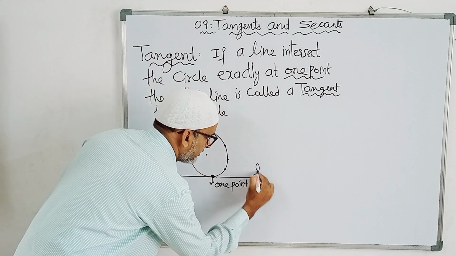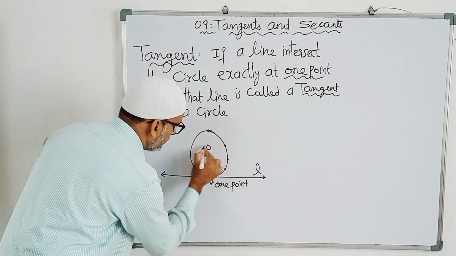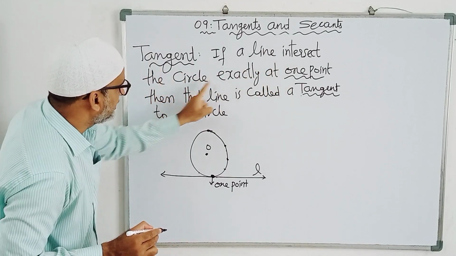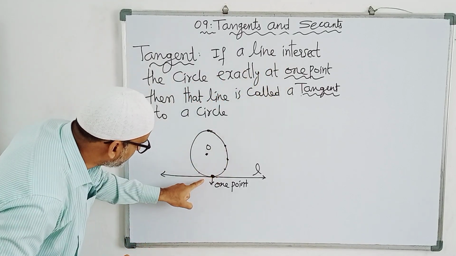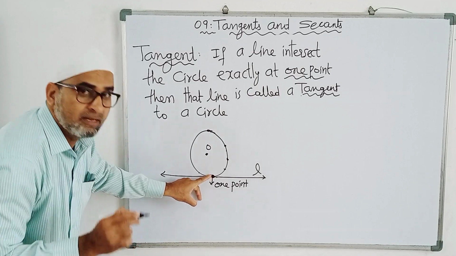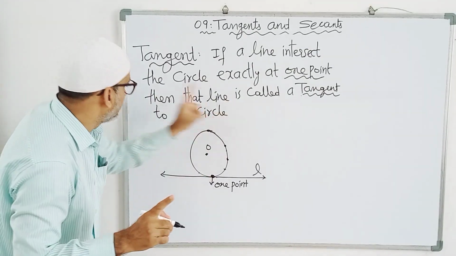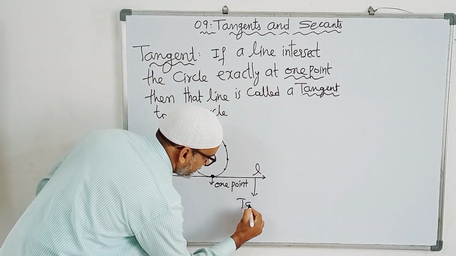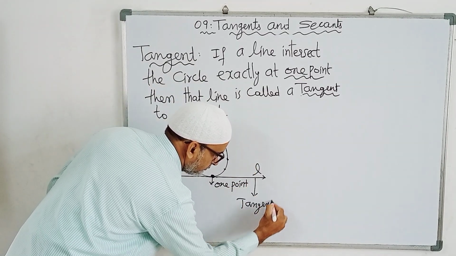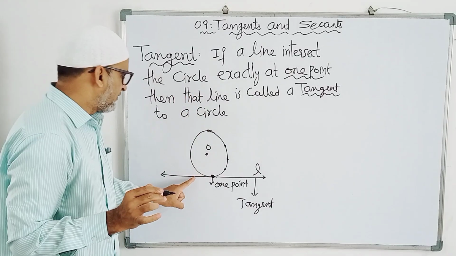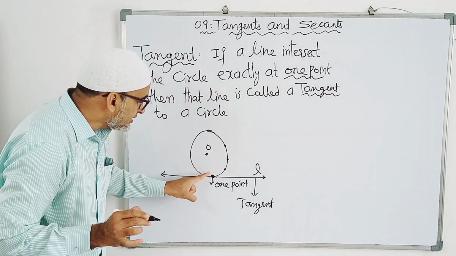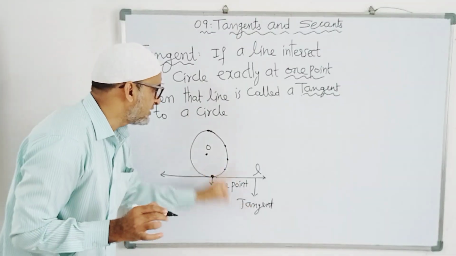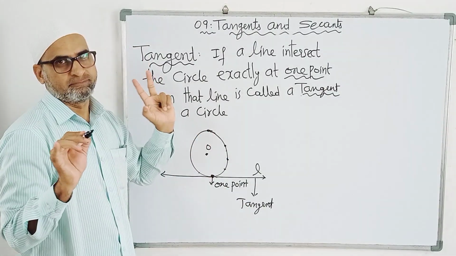This is the circle with center O. If a line intersects the circle exactly at one point only, then this line will become the tangent. Tangent is nothing but if a line intersects the circle at one point, then that line is known as a tangent to the given circle. Okay.